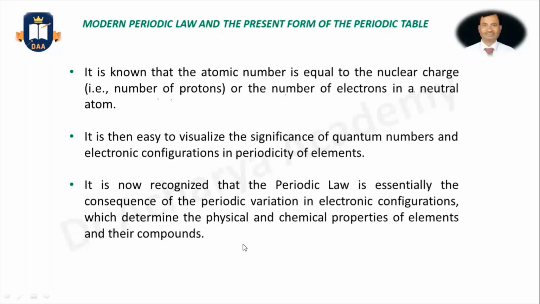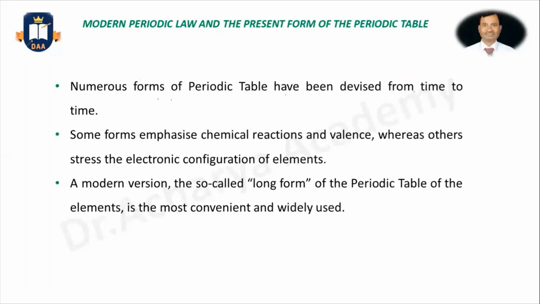And this periodic variation of electronic configurations is reflected in the periodic law and in the periodic table, which I am going to discuss now. Numerous forms of periodic table have been devised from time to time.